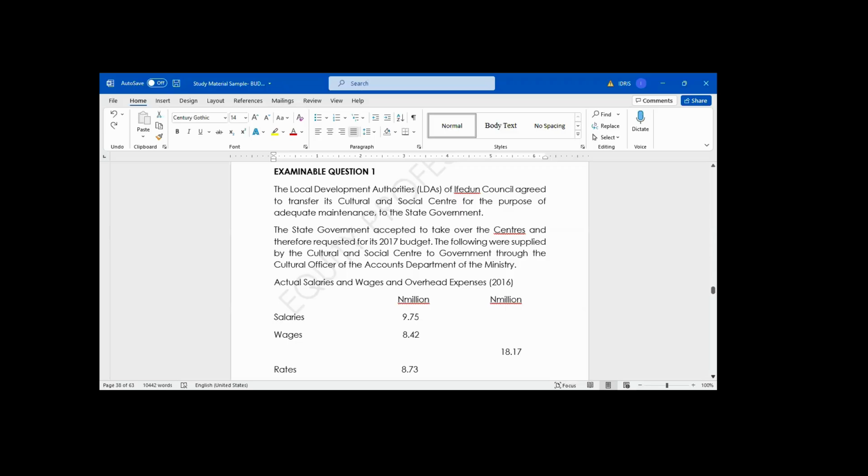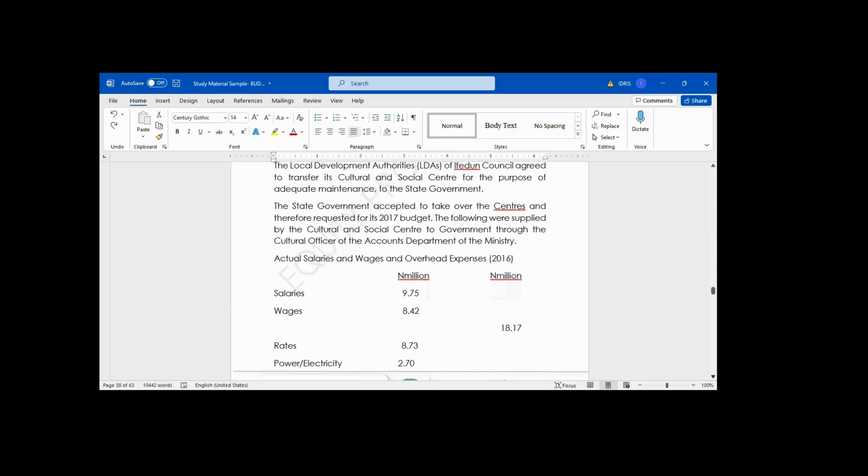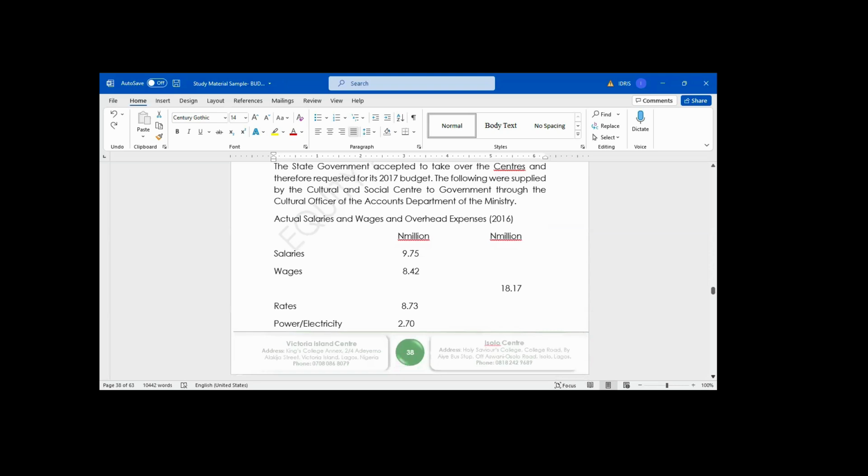Salaries 9,750,000, wages 8,420,000, rates 8,730,000, power and electricity 2,700,000. So please scroll up.